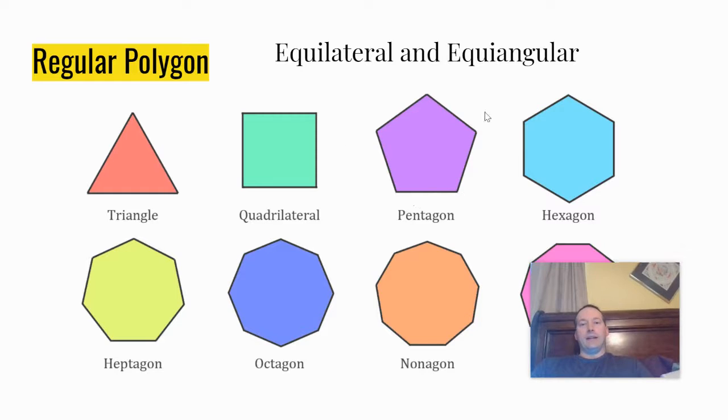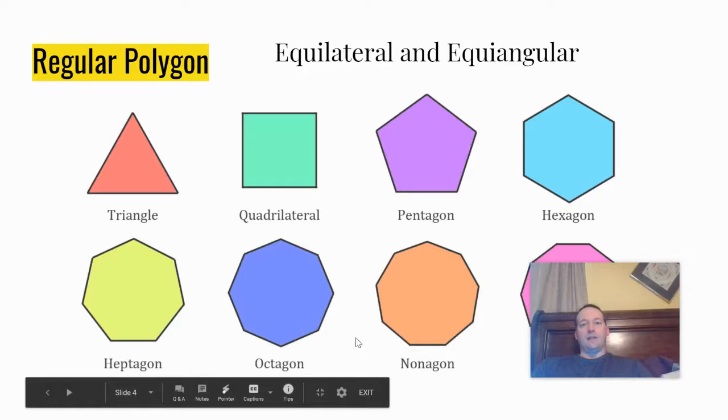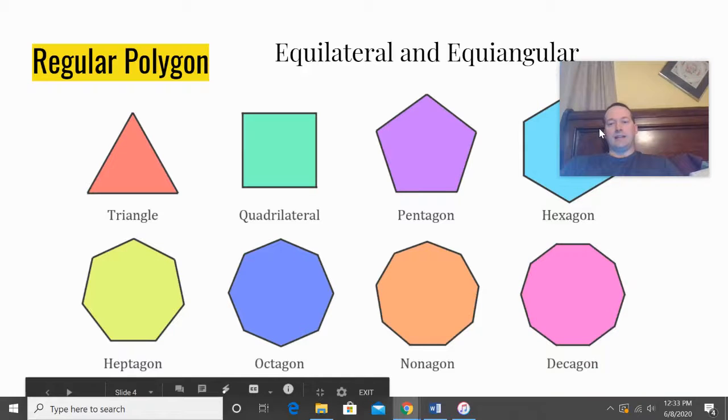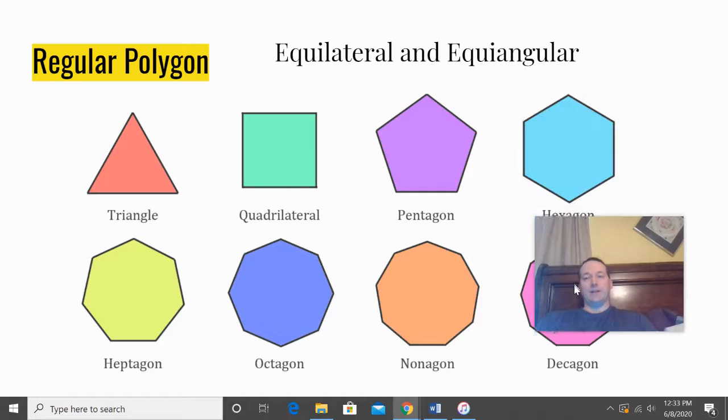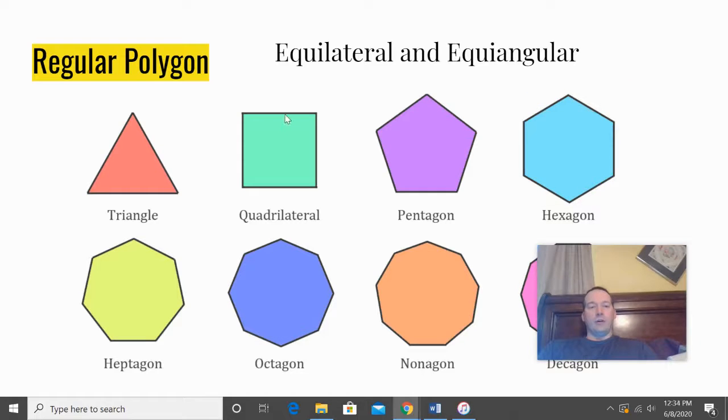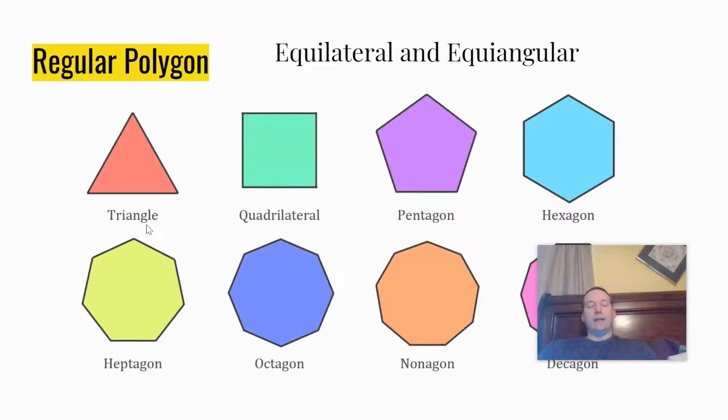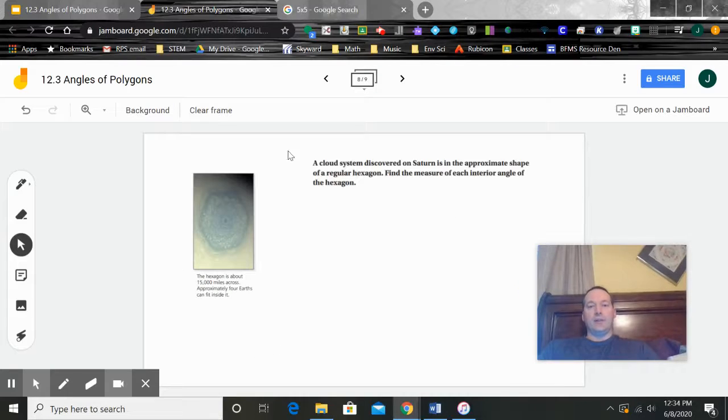Then there's the regular pentagon, the regular hexagon, heptagon, octagon. A stop sign is a regular octagon. A nonagon is 9 sides, a decagon is 10 sides. So when all the sides are equal and all the angles are equal, we can find the measure of each angle if we know it's regular.